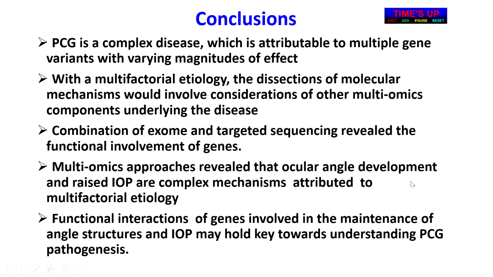And that may reveal ocular angle development and raised IOPs, which are again complex mechanisms, and it could be deciphered through multi-omics approaches. And the functional interactions of genes in the maintenance of the structures may hold the key towards understanding disease pathogenesis. I'd like to acknowledge the patients, the volunteers, the funding agencies, the collaborators. Thank you.